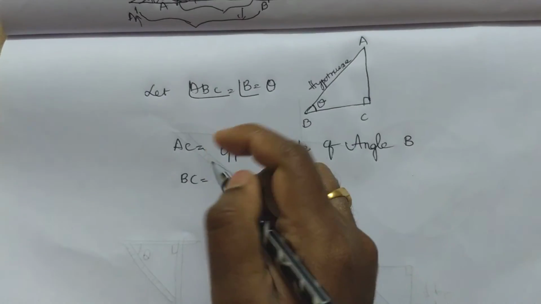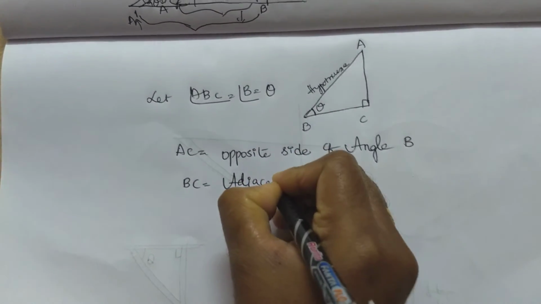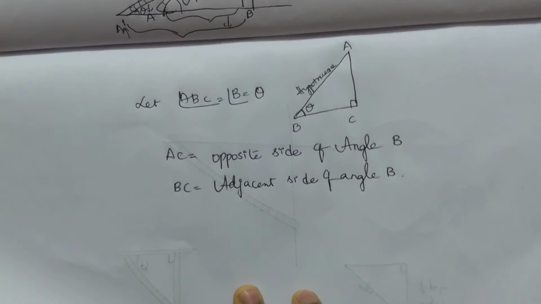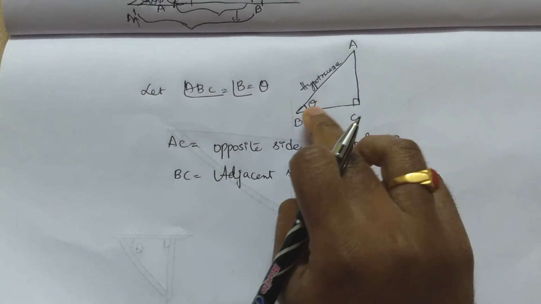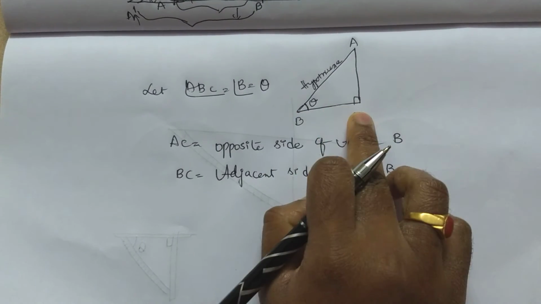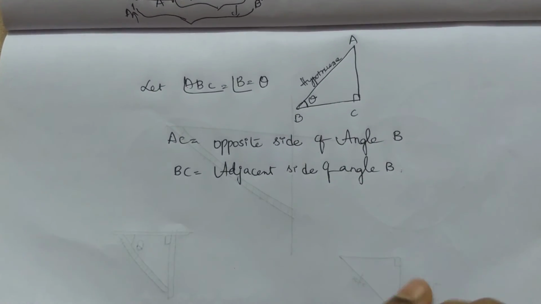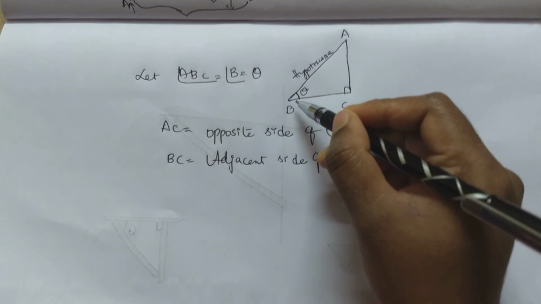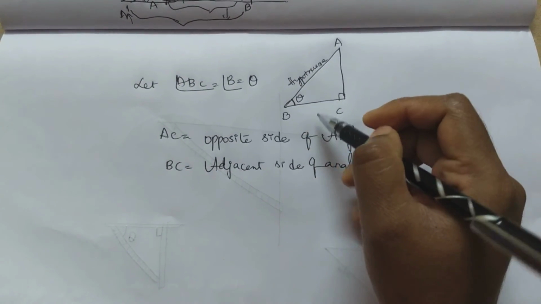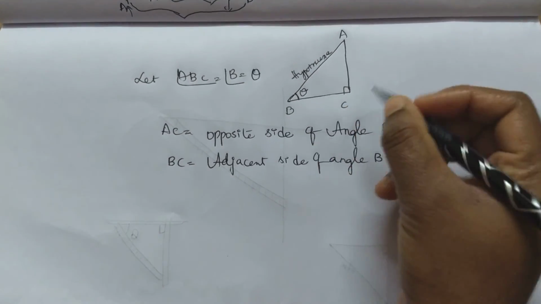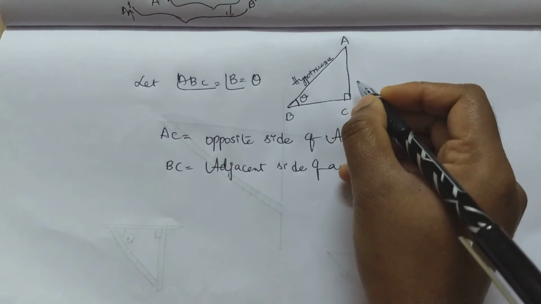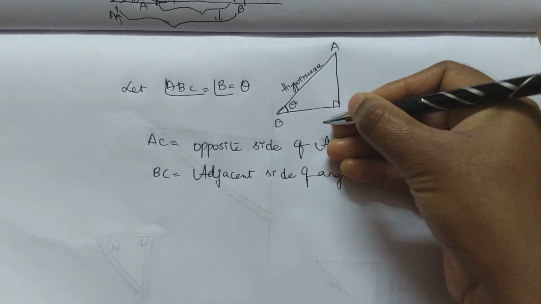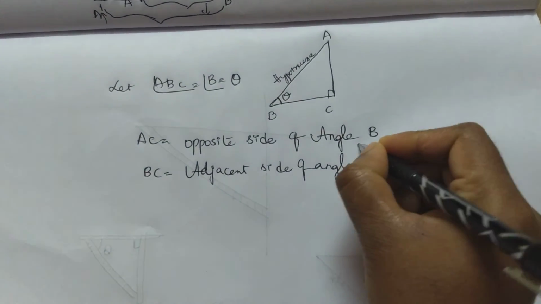So here BC is called the adjacent side of angle B. So AC is called the opposite side to angle B, and BC is called the adjacent side of angle B. So now we are going to refer to the three sides of a right angle triangle like this: if angle ABC equals theta, then AC is the opposite side of angle B, that is theta, and BC is the adjacent side of angle B. You can refer to this as theta also.